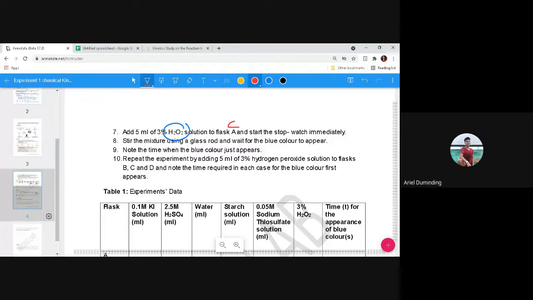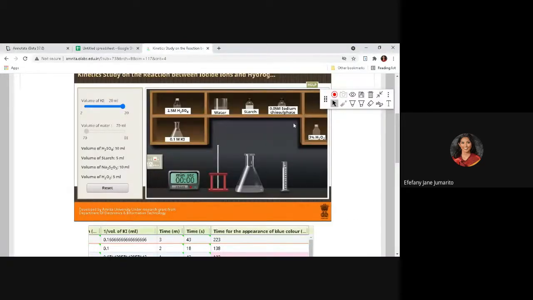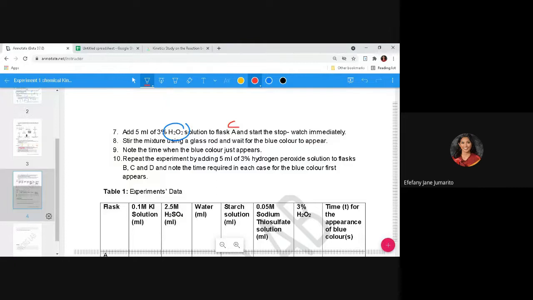Procedure number 7. Add 5 ml of 3% hydrogen peroxide solution to flask D, and start the stopwatch immediately. Okay, so we will add hydrogen peroxide, pour, and then stir. Okay. Then the time starts now.